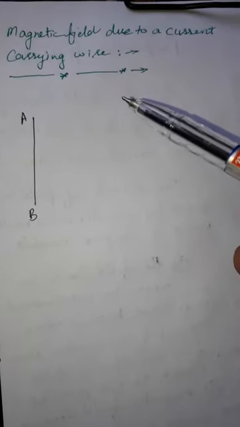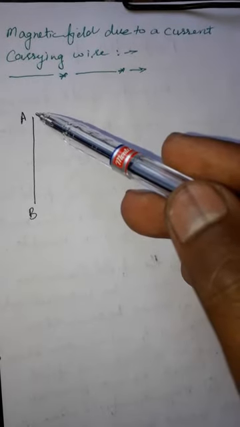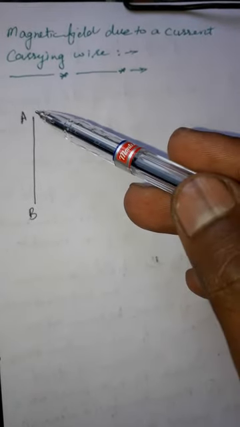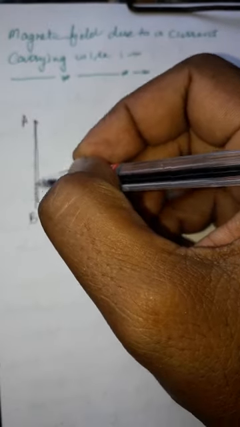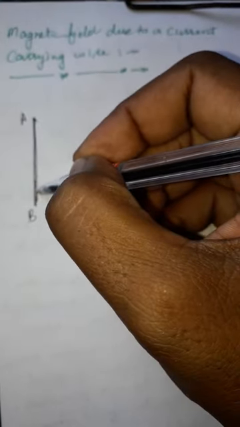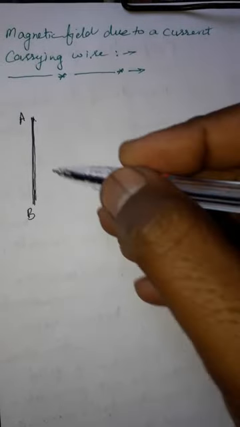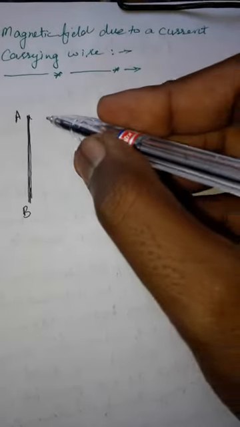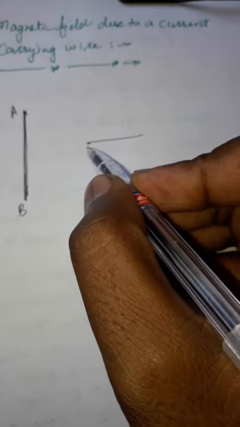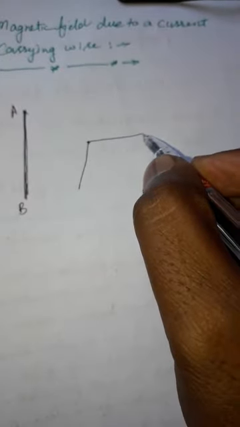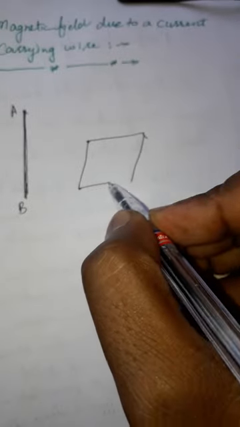For this, first of all, let us consider a wire, or it may be a metallic rod. Say its length is AB. Okay. So for the demonstration, let this wire be passed through a cardboard like this.